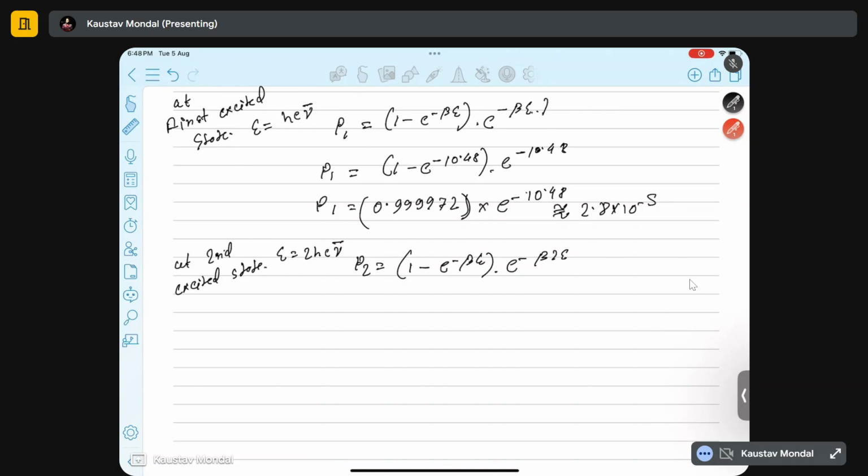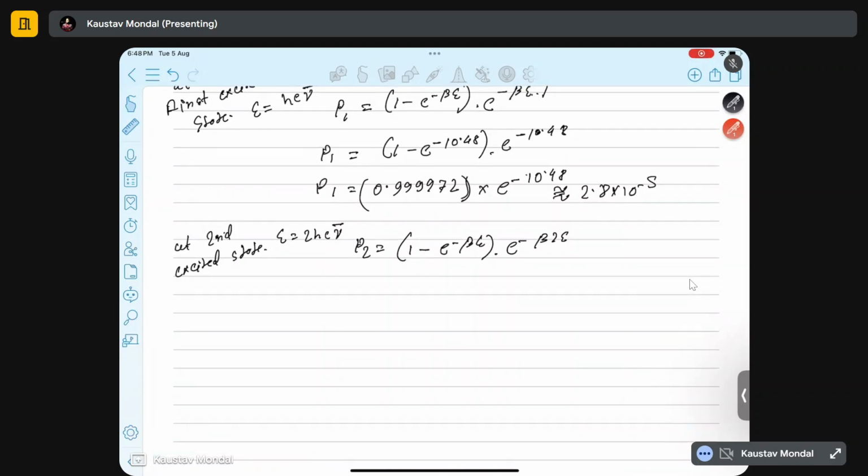So for the second excited state, the probability P2 should be, this thing should be same, the partition function value, this is same as 0.99972 into e to the power minus 2 into 10.48, right?